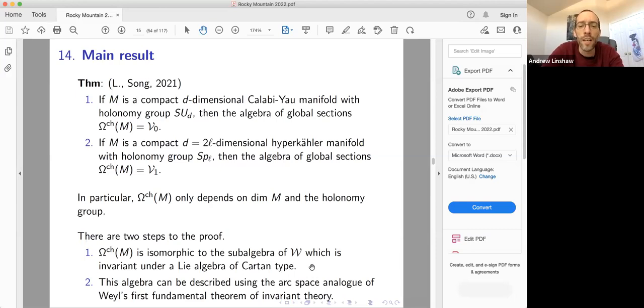This is the analog of a classical result that the global section algebra is isomorphic to the holonomy group invariants in the fiber for certain bundles that are built from the tangent and cotangent bundle. And then the second part is analyzing this invariant subalgebra of the beta gamma system. And this can be reduced to a certain problem involving the invariant theory of arc spaces.